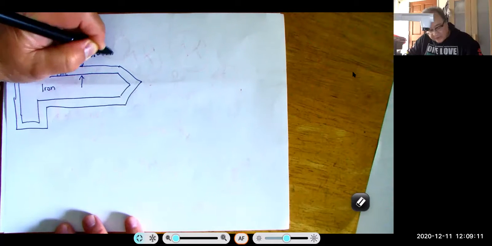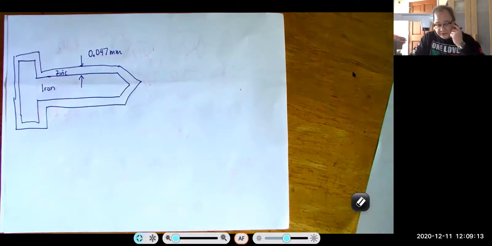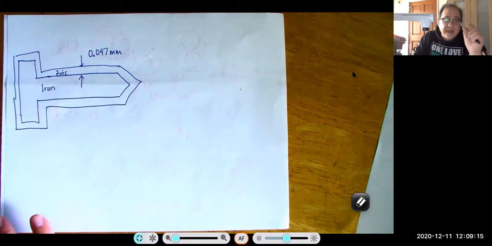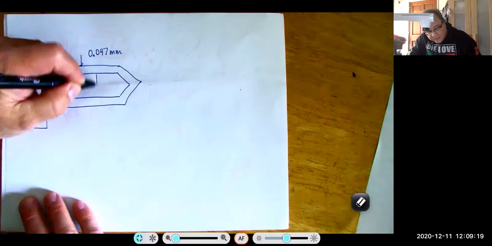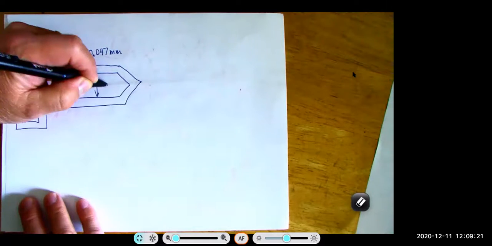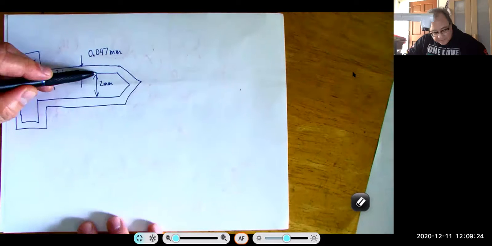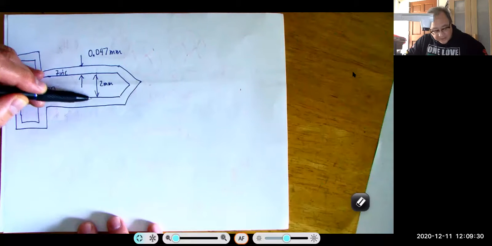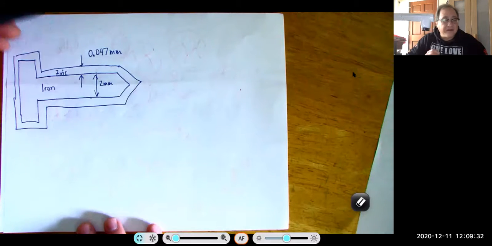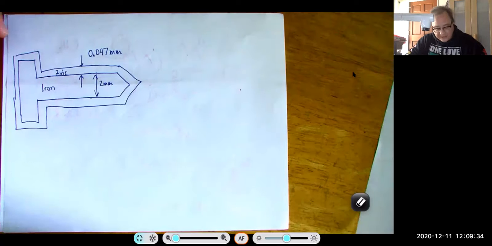Okay, that sounds about right. Because when you look at the nail, this is about 2 millimeters, and the coating is not really this thick compared to the nail itself. This is exaggerated. The coating is very, very thin.